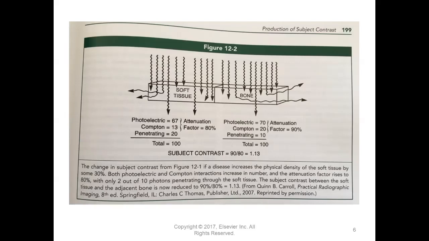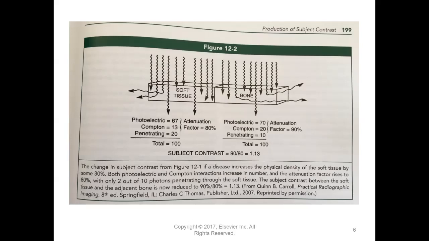In this example, the bone hasn't changed. It's still absorbing 70 photons, scattering 20, and 10 are penetrating. But the soft tissue, the attenuation has changed because of the density.